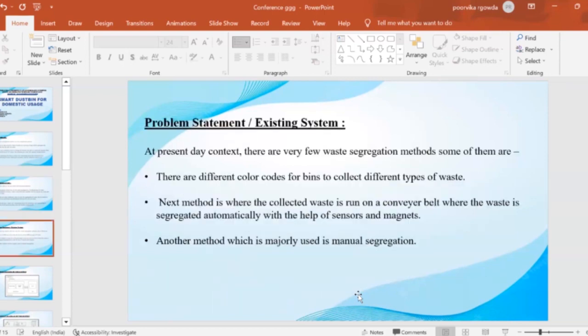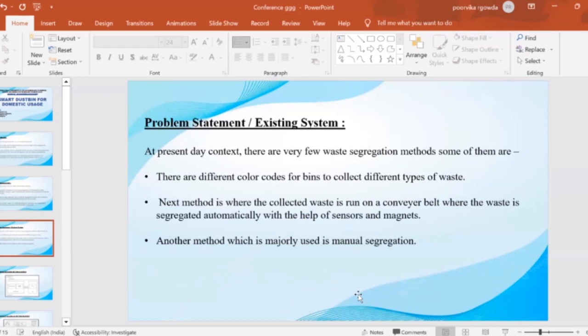Coming on to the problem statement or the existing system, in the present day context, as we said, there are some traditional methods for the segregation of the waste. Like we can use different colored bins for the type of waste, where waste can be segregated into different types.